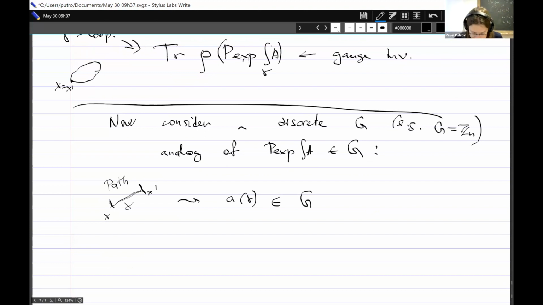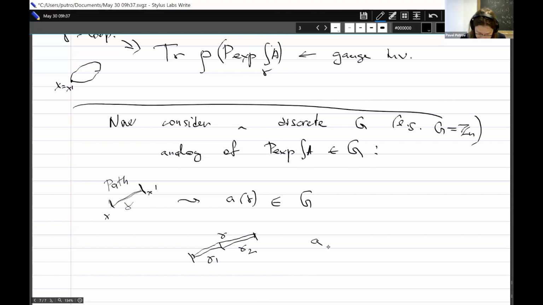And if you have a pair of paths, we can consider a path γ which is a concatenation of γ1 and γ2. The parallel transport assigned to this path γ should be a composition of the parallel transports assigned to γ1 and γ2.